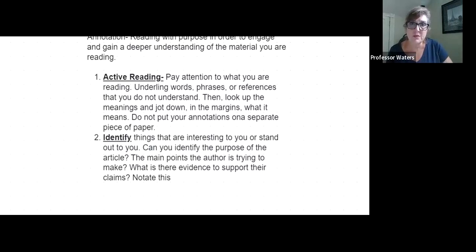A claim is another word for like your topic sentence. Okay, it means that this paragraph is going to deal with whatever you just said it was, and the evidence is the support, the evidence from their research to support that claim. Everything in that paragraph must reflect back to the claim.